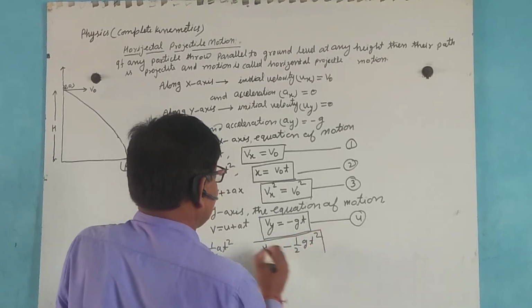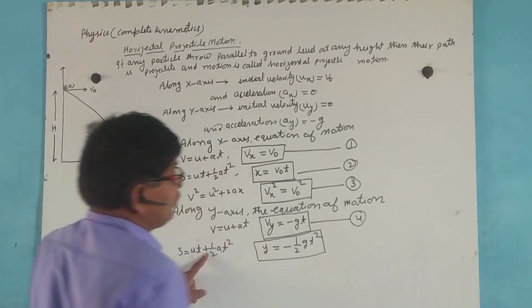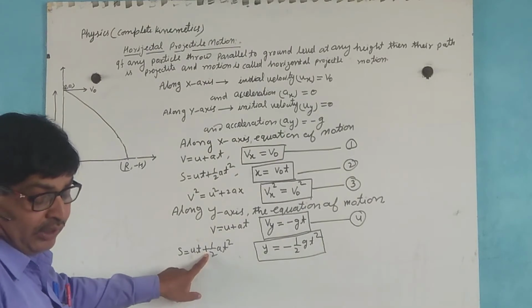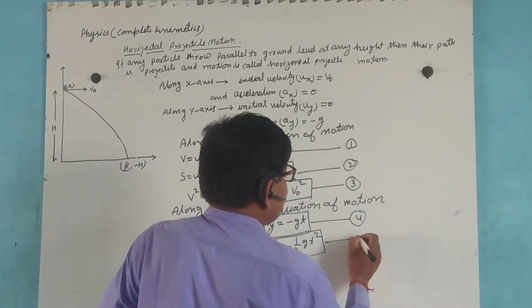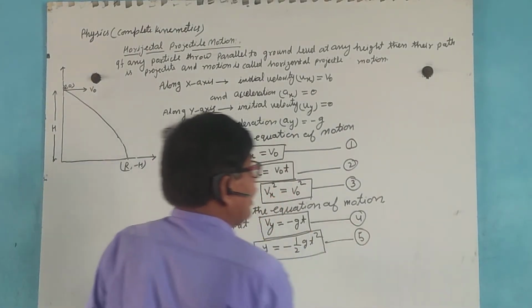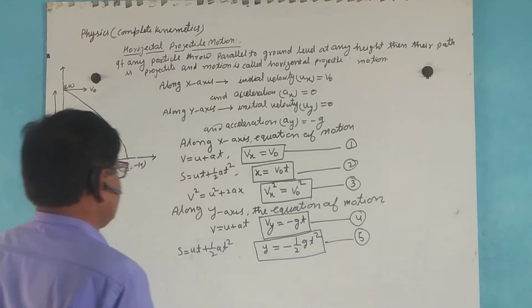The second equation becomes y is equal to minus half gt square. This is the fifth equation of motion for this motion.